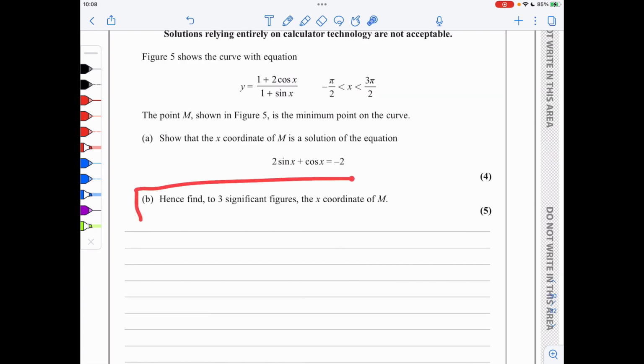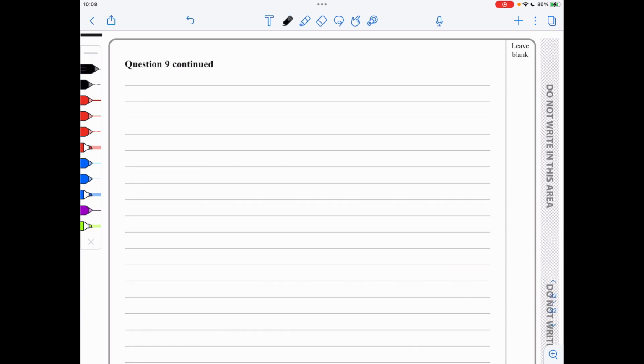In part B, we need to find the x-coordinate of M, giving our answer to 3 significant figures. I will actually start by expressing 2 sine x plus cos x in the form R sine of x plus alpha, for R and alpha to be found. I expand the right-hand side using the addition formula for sine. It gives me R sine x cos alpha plus R cos x sine alpha.